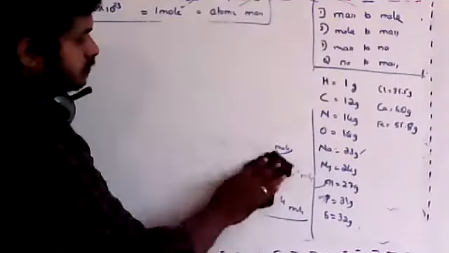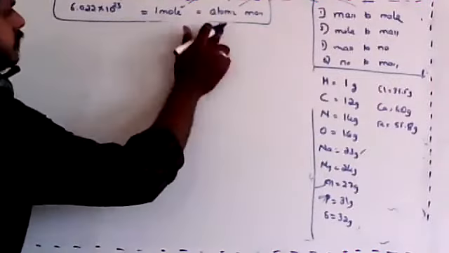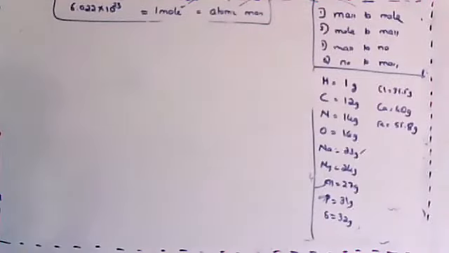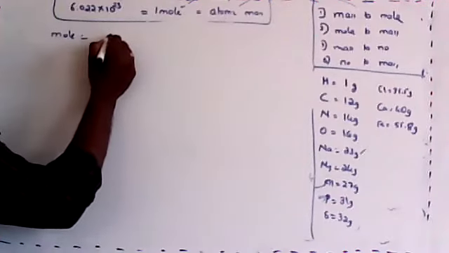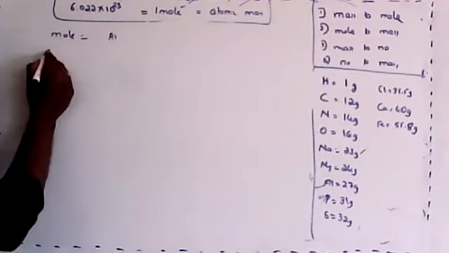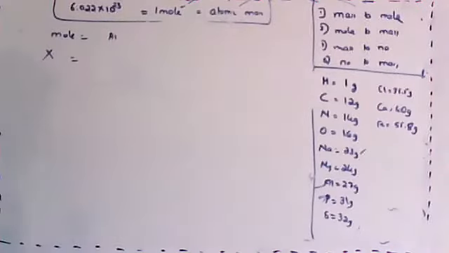Mole to mass conversion also we'll use this again. In this way you have to express. So that is like 1 mole equal to this atomic mass. Therefore the given mole of X will be equal to, see, I'll tell you how to get the formula. It's better to sometimes simplify and get the formula.